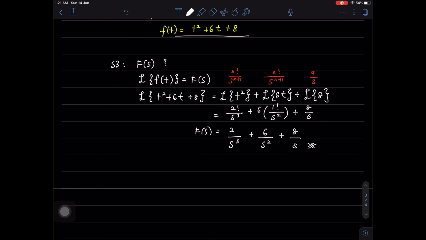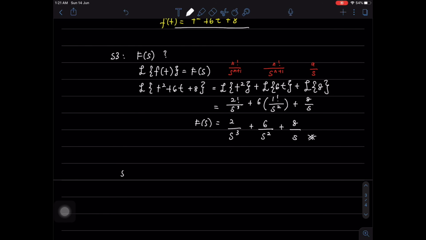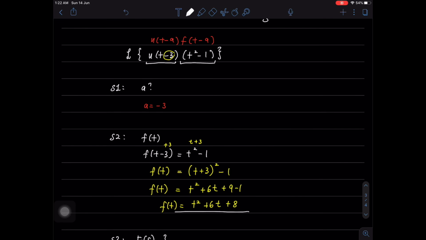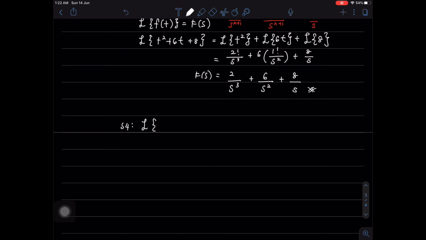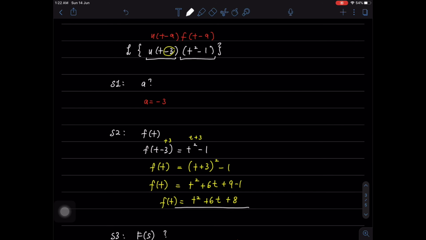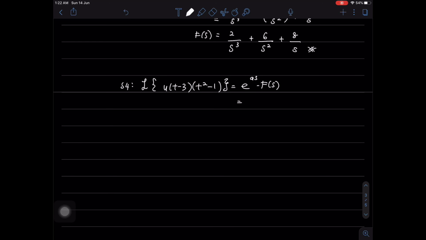Let's move to the final step in the second shift theorem, where you can find the Laplace transformation of the whole function u(t-3)(t²-1) as e^(-as) times F(s). You know from step number 1 that a is equal to 3, therefore you will have e^(-3s) times your F(s).